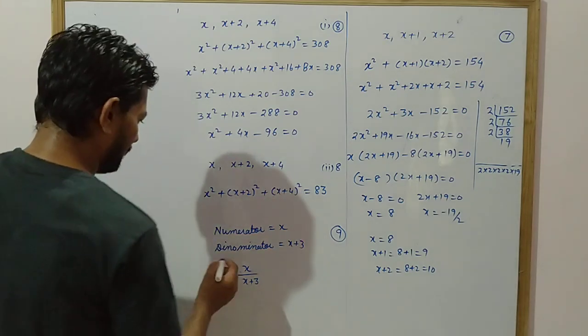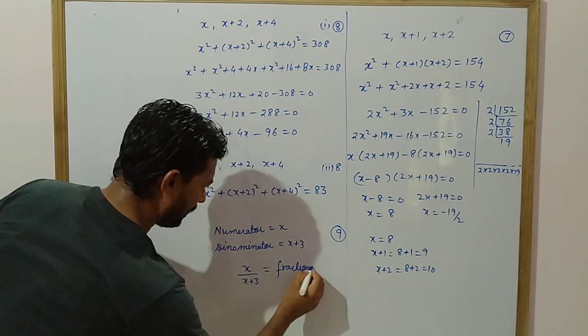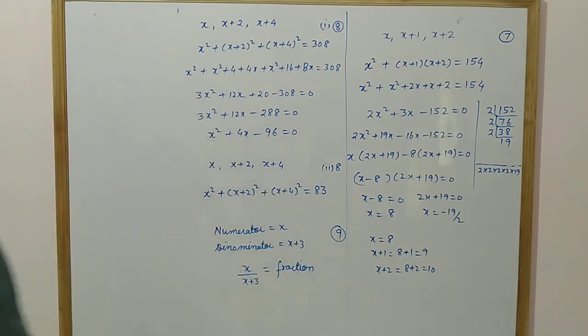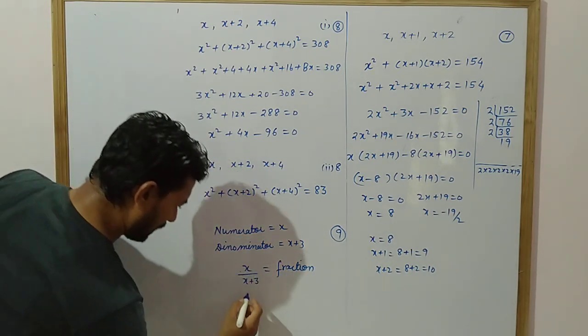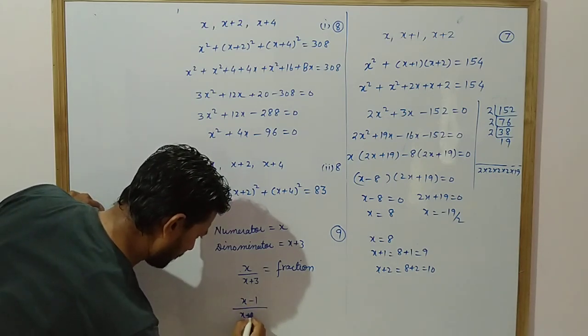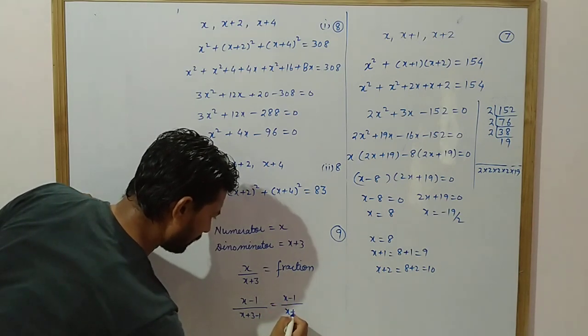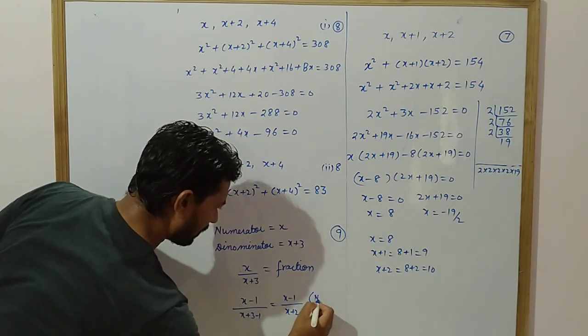This is our fraction, and 1 is subtracted from both the numerator and the denominator. So 1 is subtracted from the numerator, that will be x minus 1, and this will be x plus 3 minus 1, which is equal to x minus 1 by x plus 2. This is a new fraction.